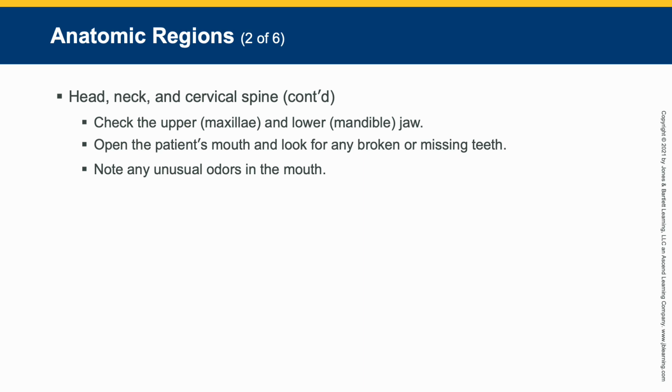You also want to look in the ears and the nose for blood or cerebrospinal fluid. Cerebrospinal fluid is a clear, straw-colored fluid, which may indicate a skull fracture, with CSF leaking through those canals. To test for that, you're going to use something called the halo test.